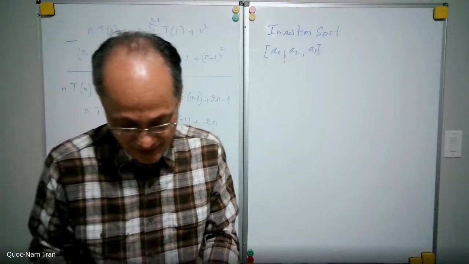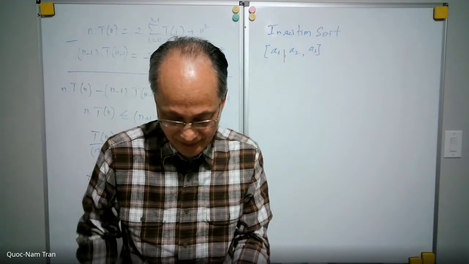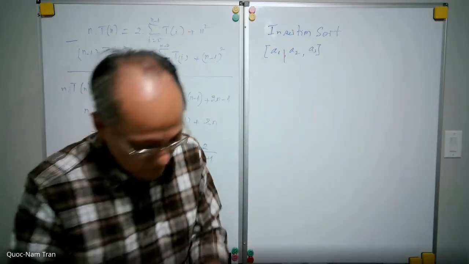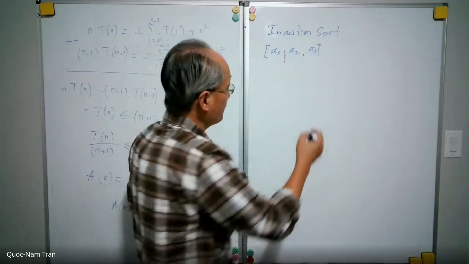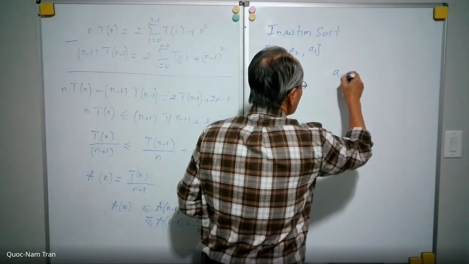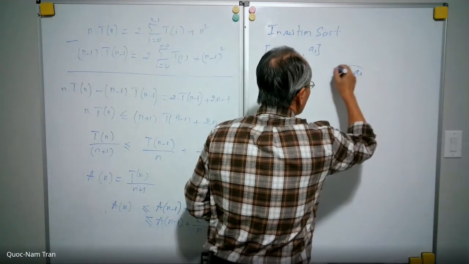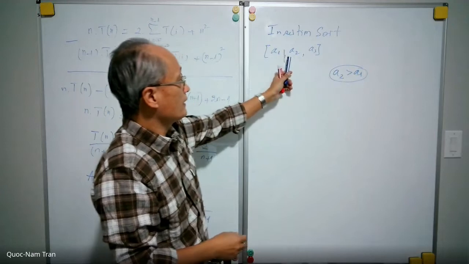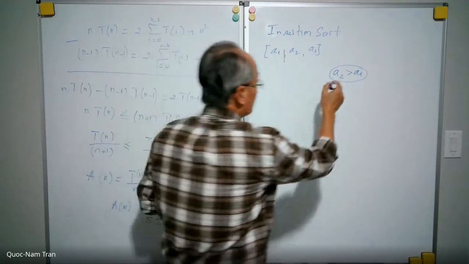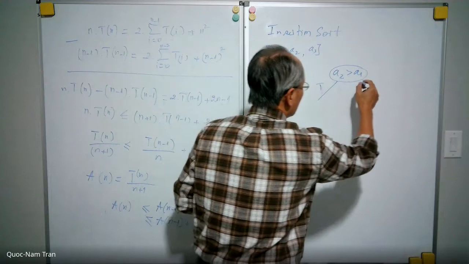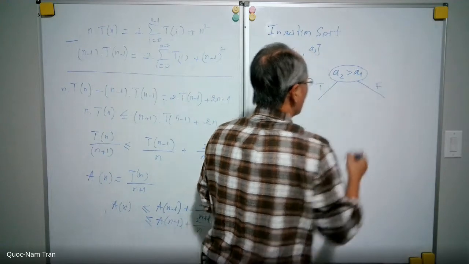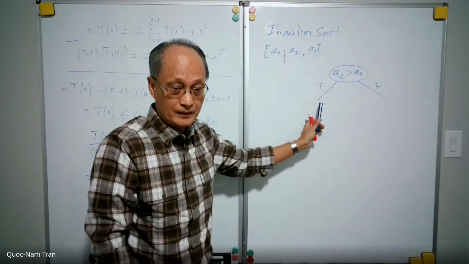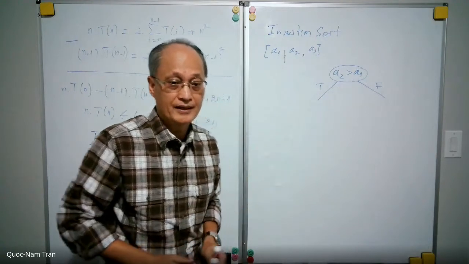So now it will compare A2 and A1. It will see if A2 is greater than A1. True or false. If A2 is greater than A1, then what will be the next comparison?